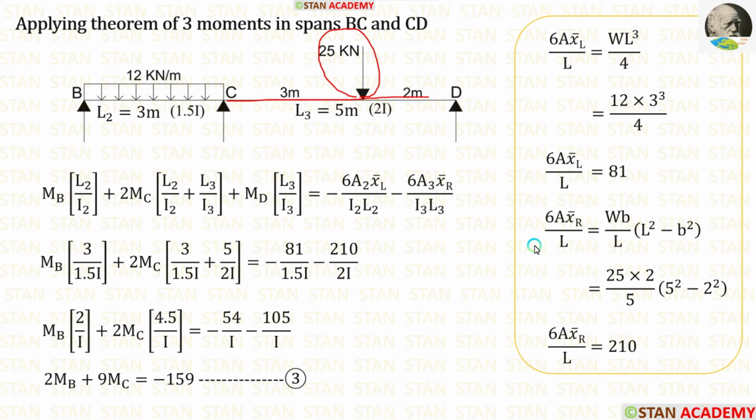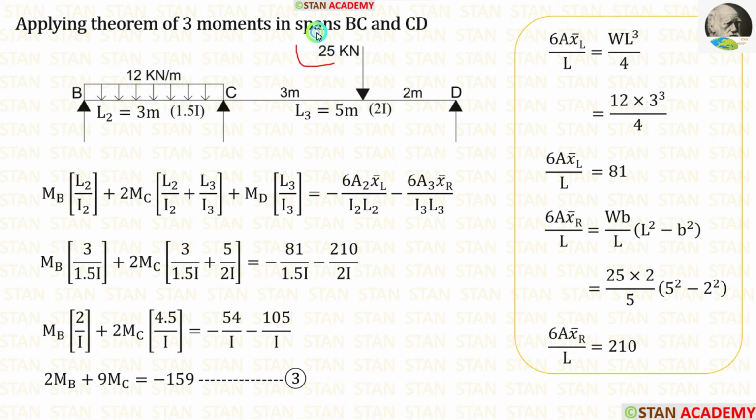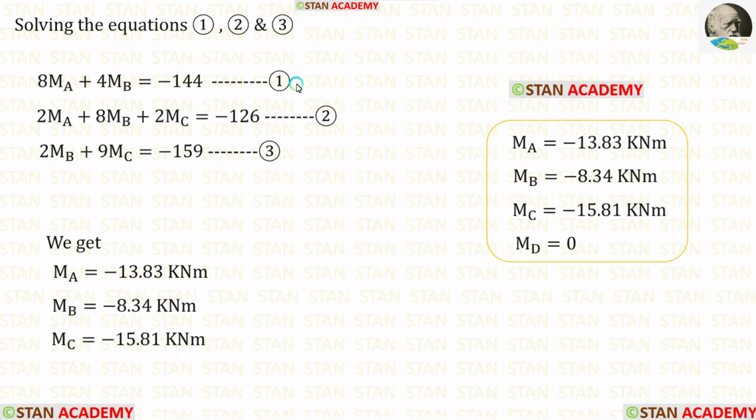Here we have to calculate 6A x bar right upon L. The formula is WB upon L into L square minus B square. Here W is 25, B is 2, L is 5. When we apply all the values in the formula, we are getting 210. Let us apply these values. Finally, we are making the third equation.